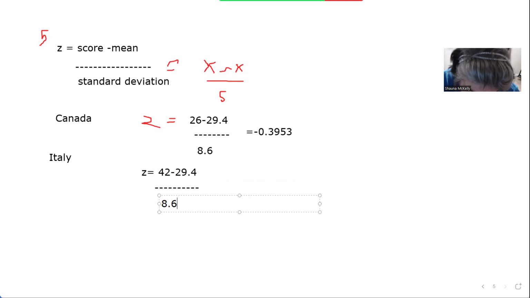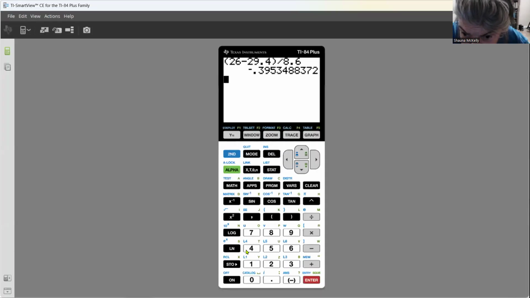So let's look at the calculator here, and we have 42 minus 29.4 over 8.6. So we get 1.4651.